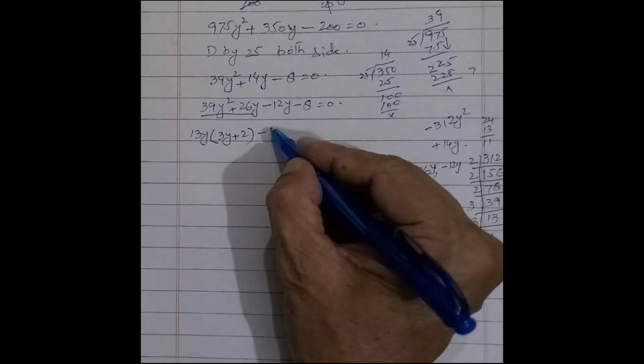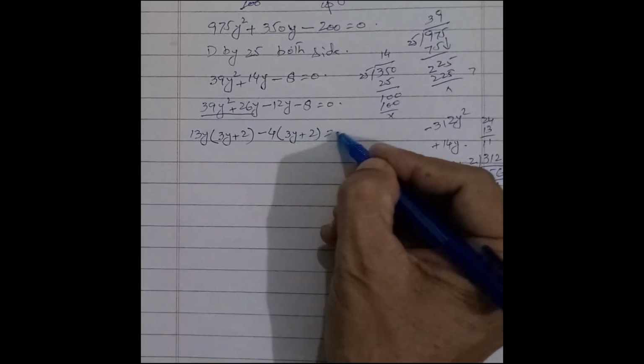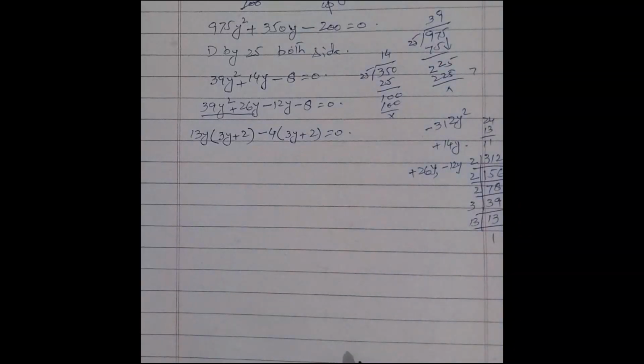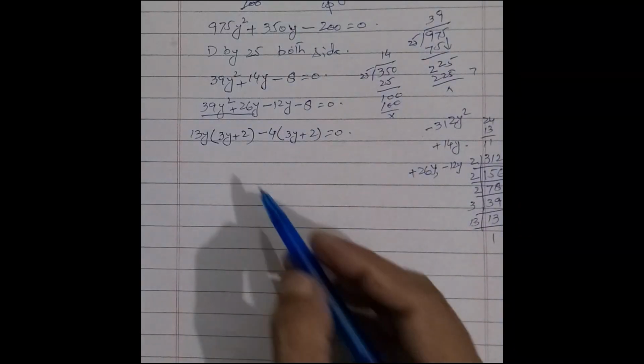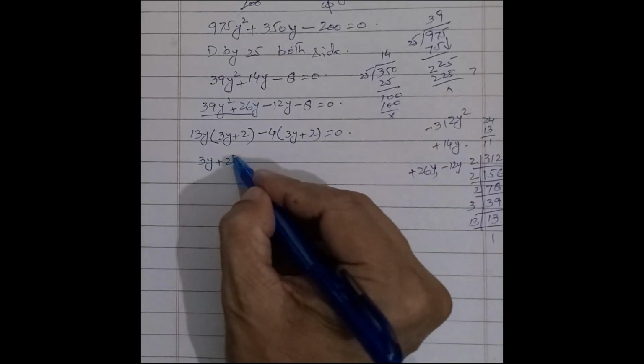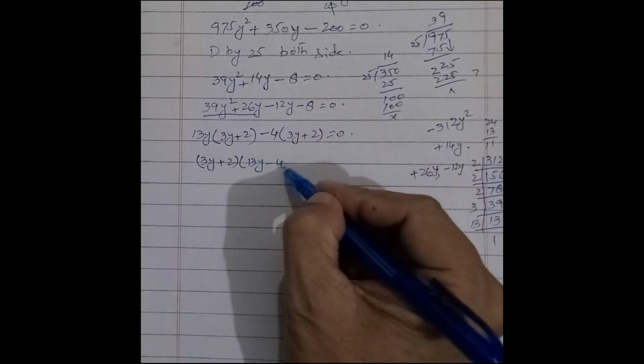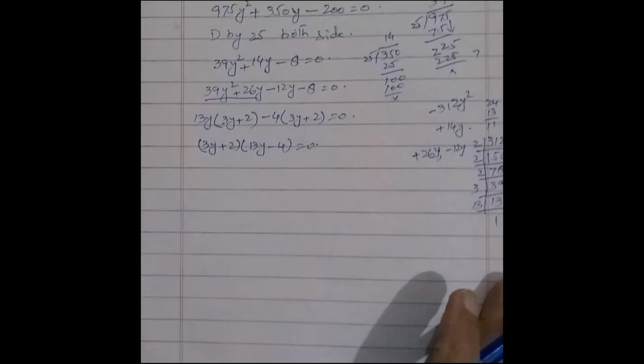Here we take common 4, 3y plus 2 is equal to 0. Now we take common 3y plus 2 into 13y minus 4 is equal to 0.